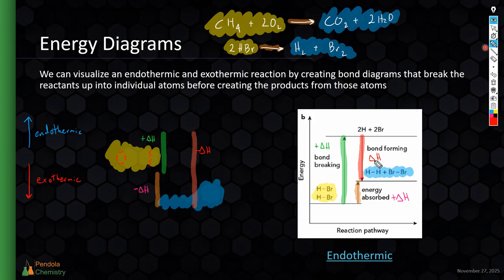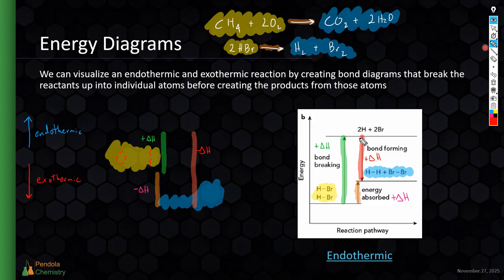So what's the difference between the two reactions? Well, look at the size of the arrows. In this case, the bond breaking, the endothermic process, is much more energetic, requires a lot more energy than the bond formation releases.